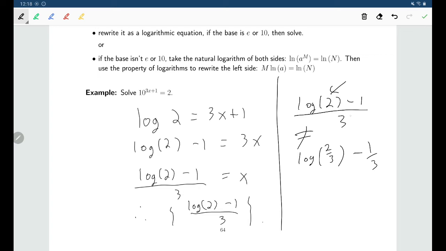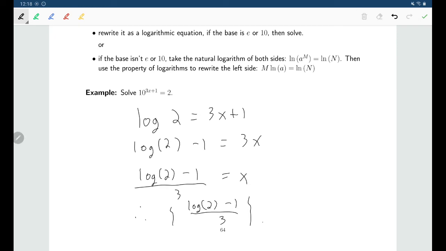That 3 is what's dividing the entire logarithm. So the entire log base 10 of 2 is being divided by 3. It's not the 2 that's being divided by 3. That's the mistake that people might make here, is thinking that, oh, okay, if we're taking everything and dividing it by 3, that's as simple as dividing the inside of my log by 3. And of course, that's not the same thing.